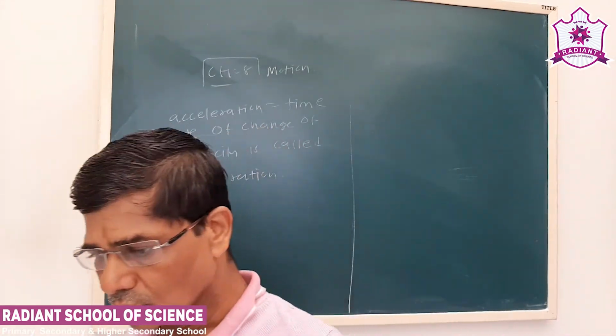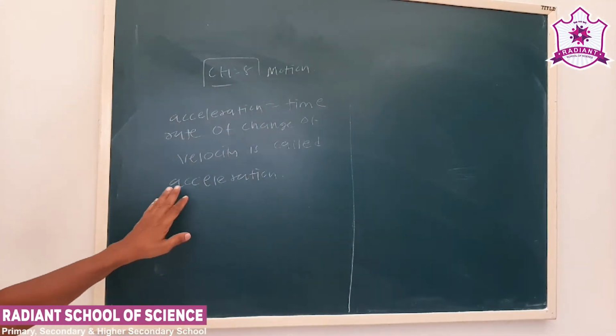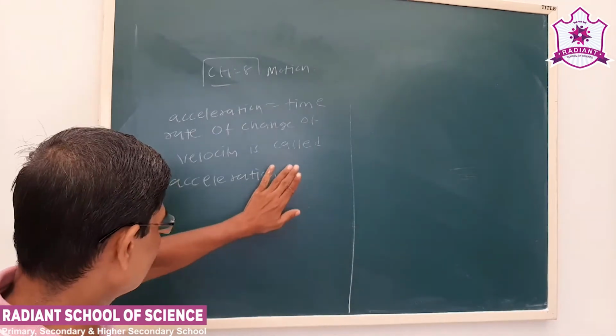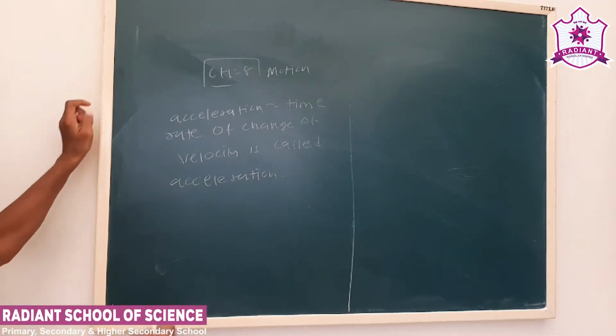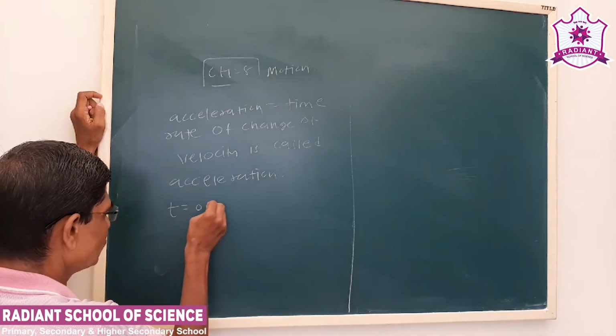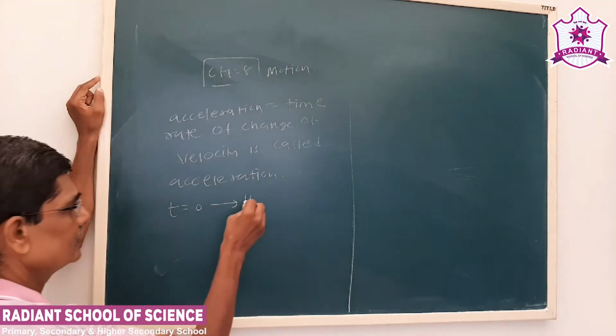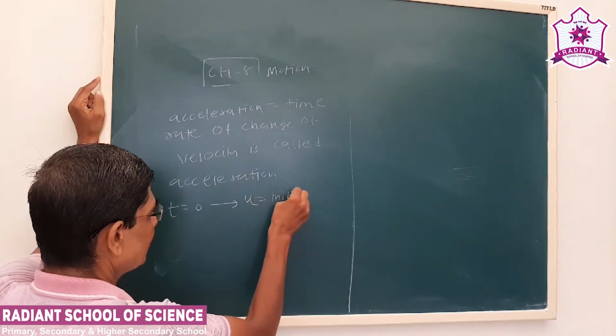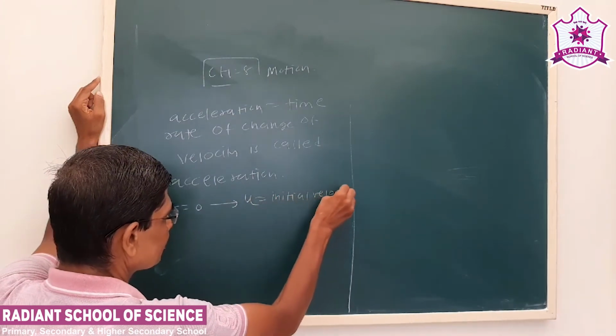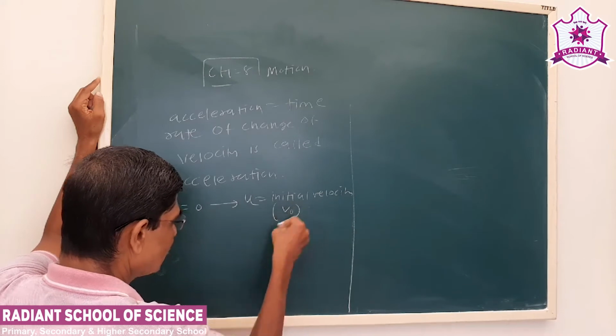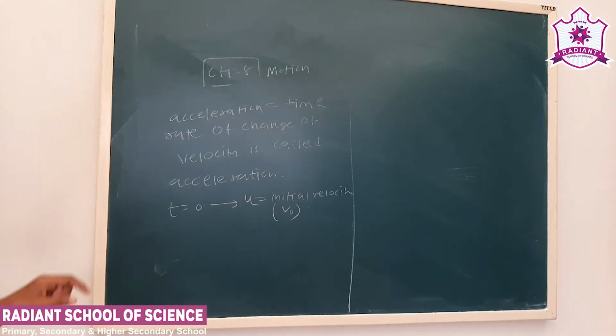Okay, so now next we have to see the acceleration. Let us say at time t is equal to 0, velocity is u, that we call the initial velocity. Sometimes it is denoted as v0 also.